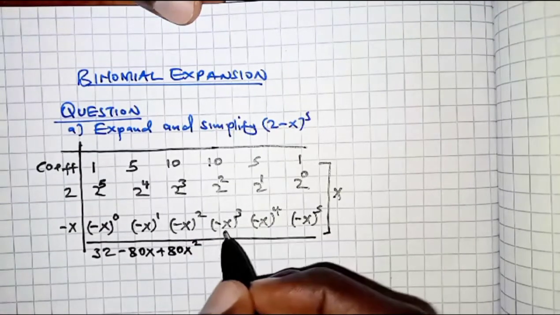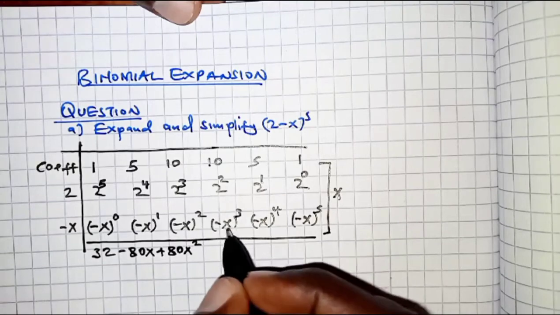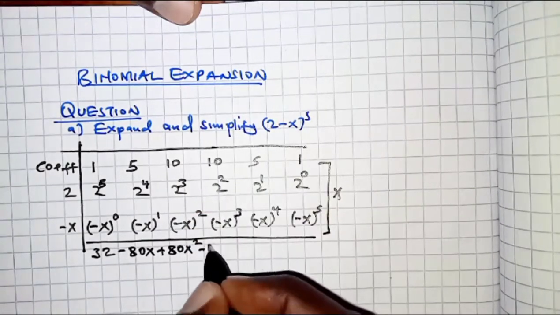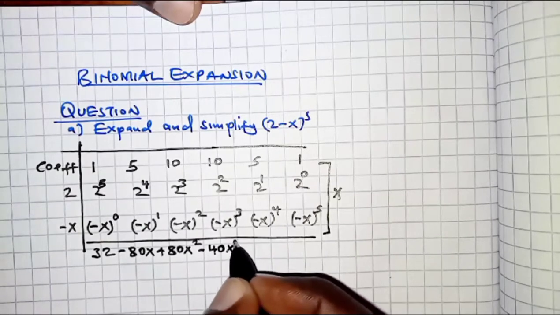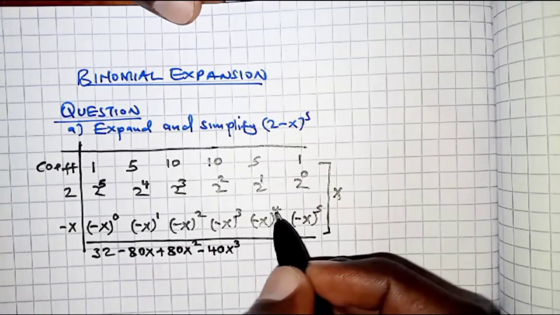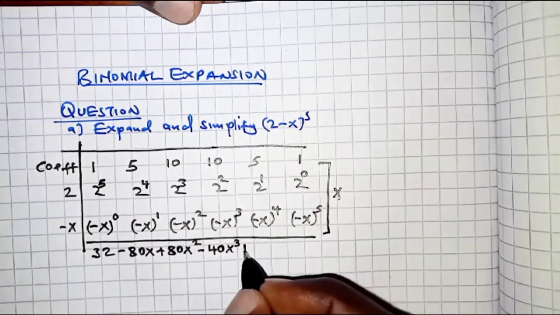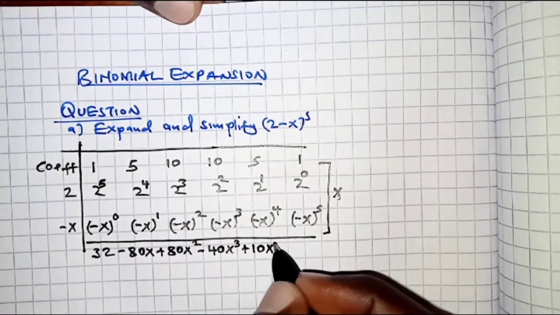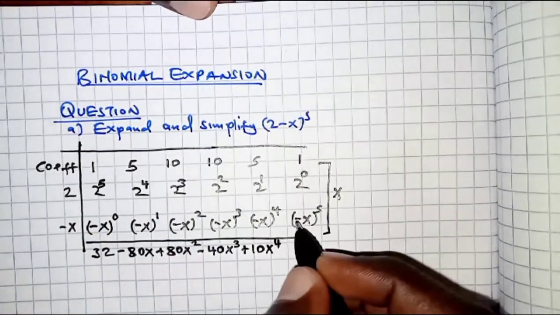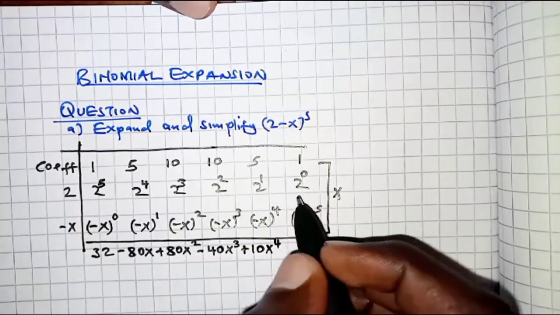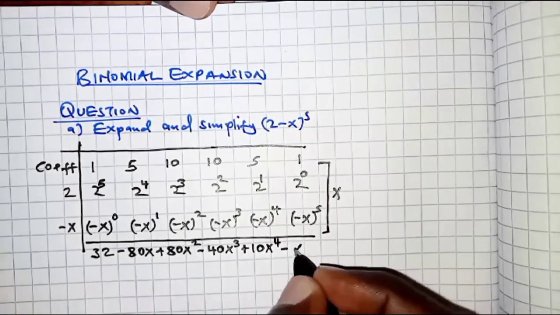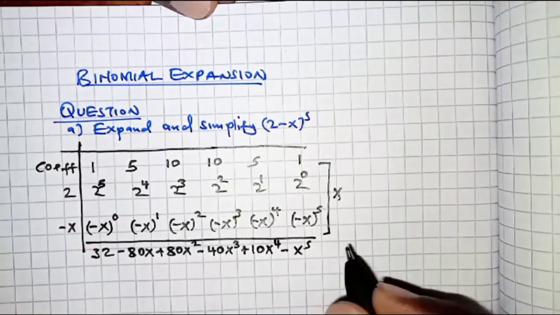Next we have negative x cubed times 4 times 10, so that is minus 40x cubed. Next we have positive x power 4 times 2 times 5, so that is plus 10x power 4. And finally negative x power 5 times 1 times 1, so that is negative x power 5.